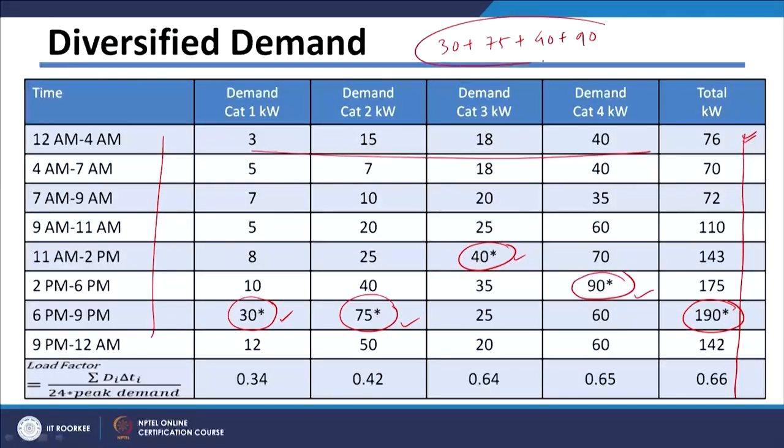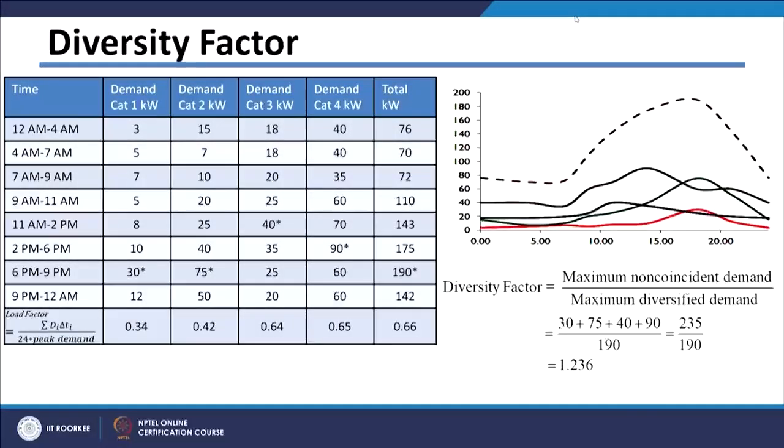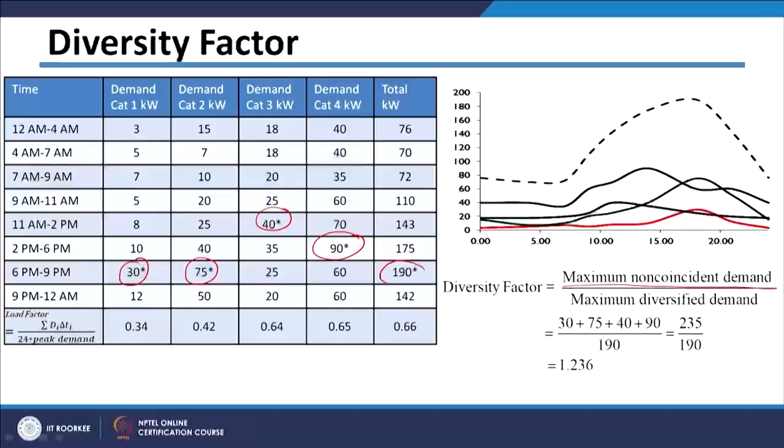So based on this, diversity factor is defined as your maximum non-coincident demand, which is nothing but the addition of all the maximum demands of individual consumers, that is 30 plus 75 plus 40 plus 90, divided by maximum diversified demand, which is the total demand, which is coming 190.